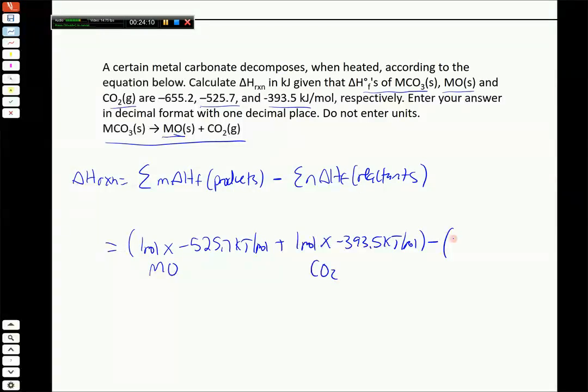On the reactant side we just have 1 mole of MCO3, and its delta H of formation is minus 655.2 kilojoules per mole. So it's just products minus reactants. This first term is the products, this is the reactants, and we just have to add the numbers together, being careful with signs, as we always do in these types of problems.